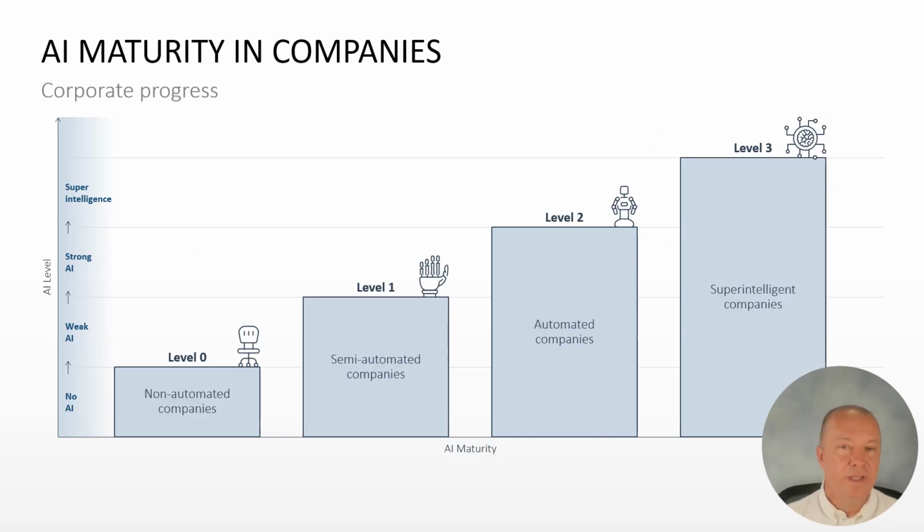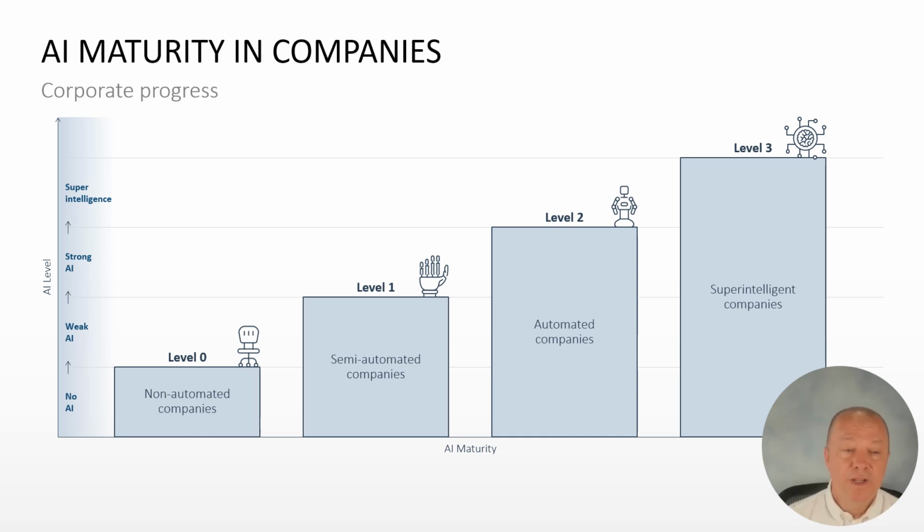So this means that organizations tend to be at different levels of development and adoption of AI within business. This goes for countries and society as well. So we can take a look, for example, at level 0. Level 0 is where we don't really have any presence of AI or even automation.